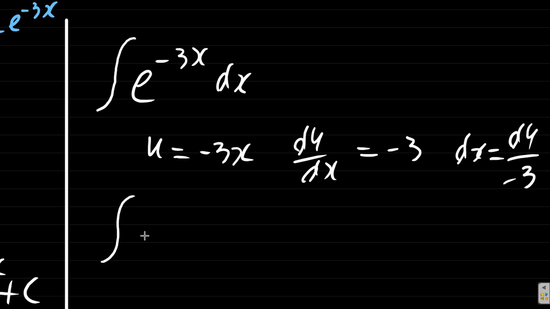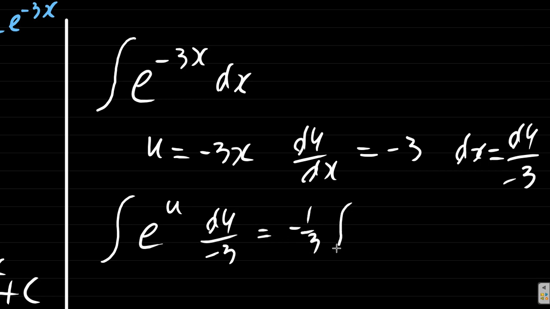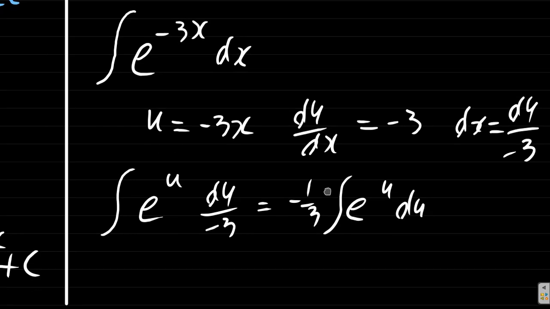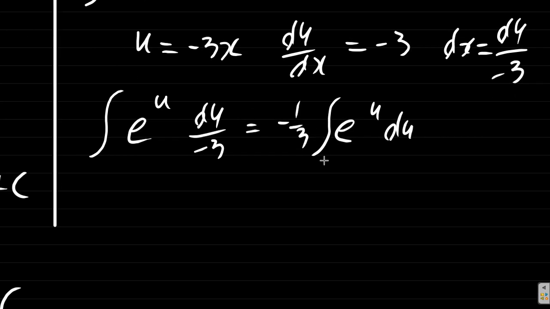So the integral of e to the u dx is du over negative 3, equals negative 1/3 integral of e to the u du. So now, when you integrate e to the u du, you get e to the u. So it's negative 1/3 e to the u plus c.